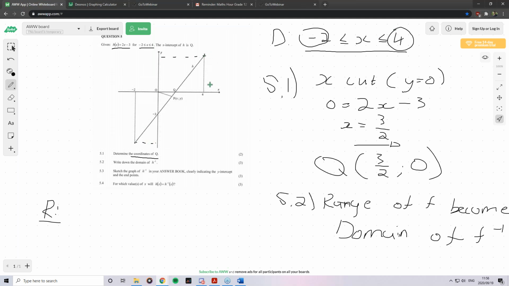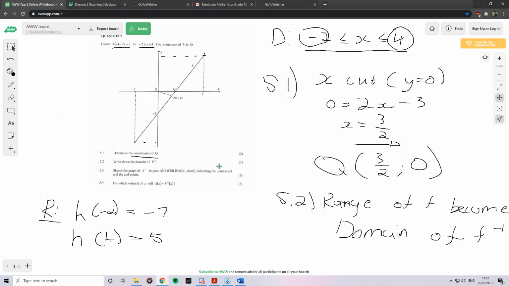If x is 4 here, I can find the y value, and if x is minus 2 here, I can find the y value, and then the function will be between these two values in terms of y. So I find h of minus 2, which will be minus 7, and h of 4 will be equal to 5.